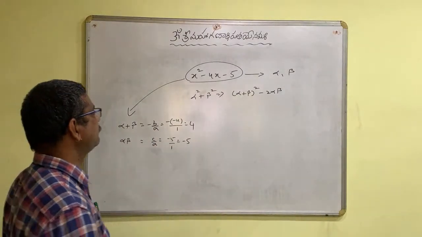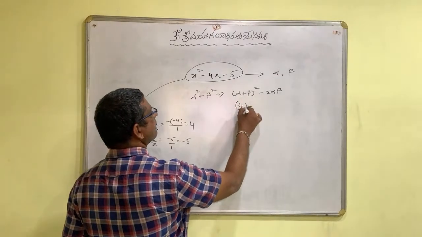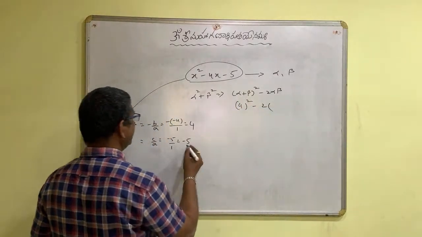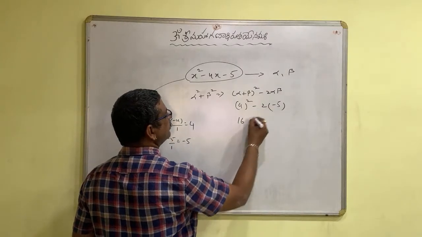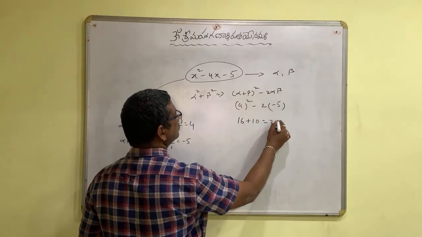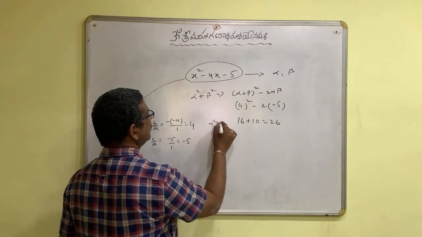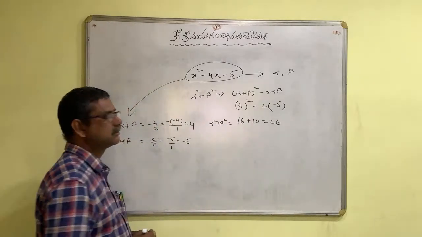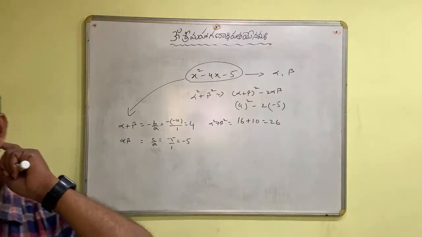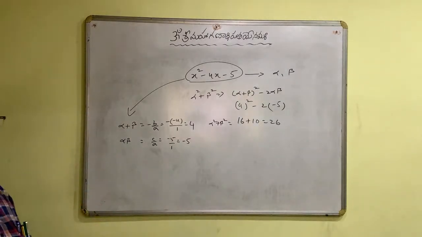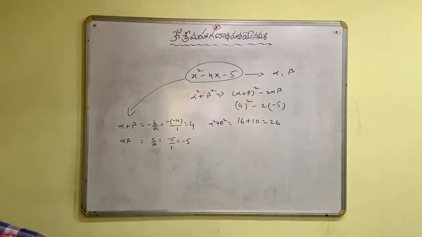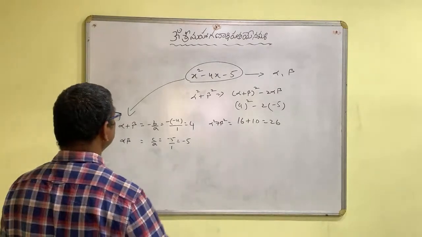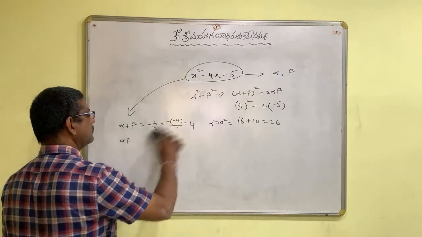Alpha plus beta is 4, alpha beta is negative 5. So 16, negative into negative, positive 10. So alpha square plus beta square is 26. Okay, children.